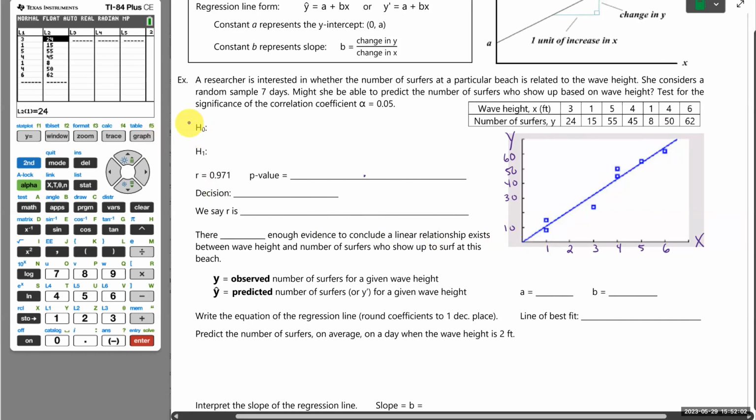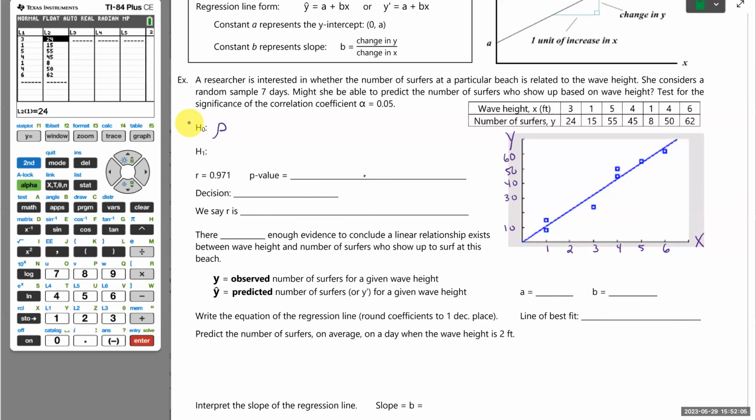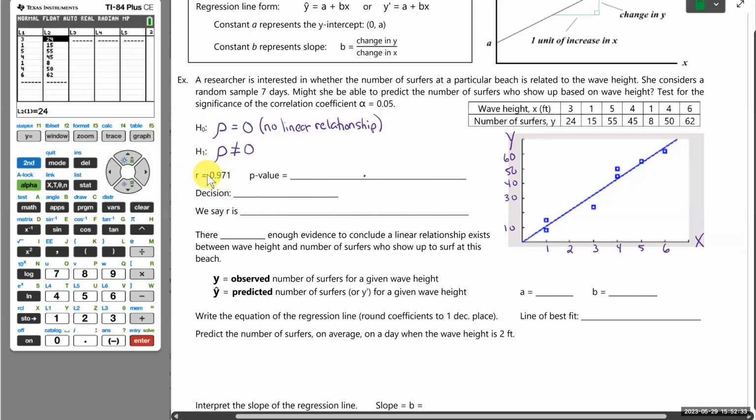The null hypothesis will be that rho, the population linear correlation coefficient, all these long names, if that's 0, it would mean that there is no linear relationship between these variables. And then we're going to be looking for evidence that rho is something different from 0, meaning that there is a linear relationship.